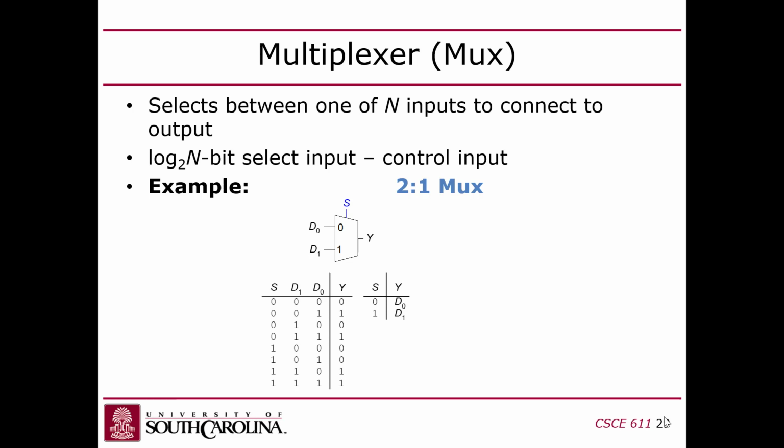So this is a fundamental element that you use to route, to steer data around. This is how you can have multiple inputs that can go to one output. Now let me give you an example of when you use this. If you have a MIPS processor and you have an add instruction, I want to add 2 numbers and put the result in the register file.